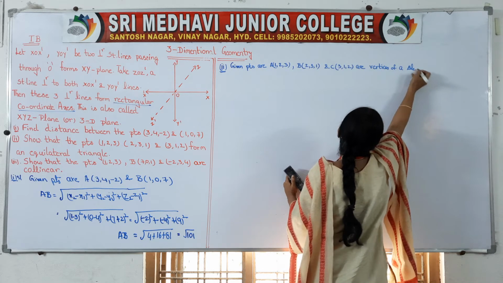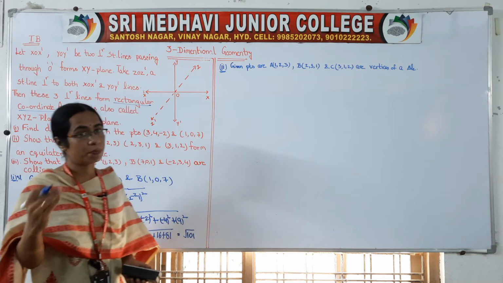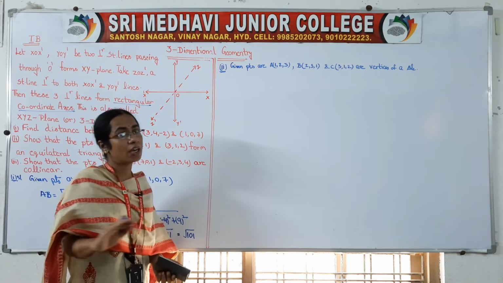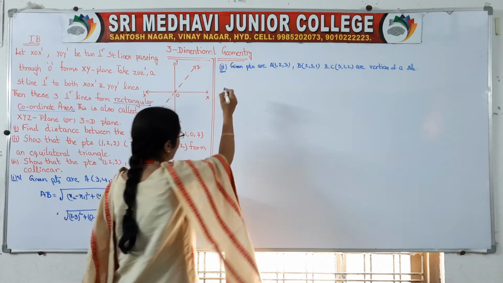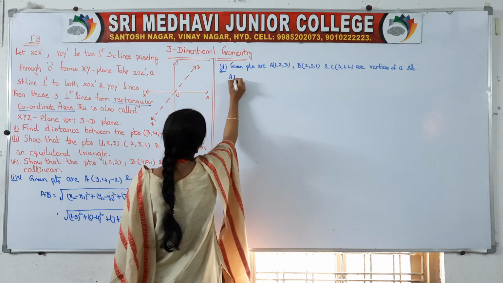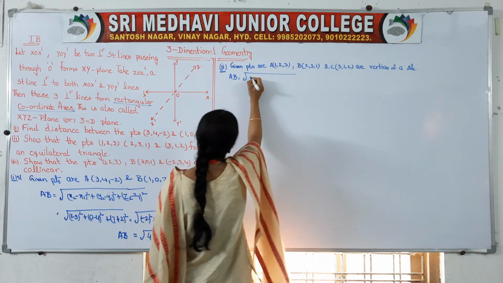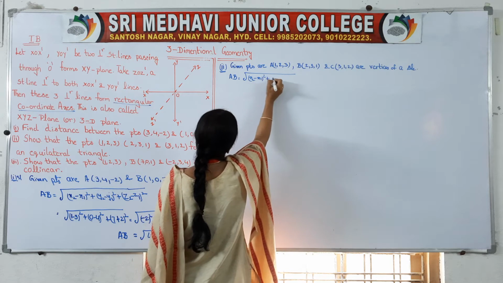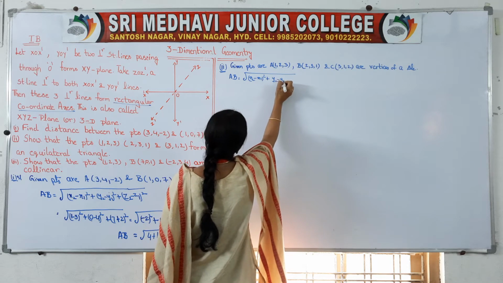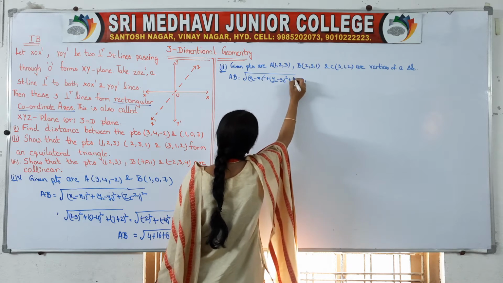Okay, so first you find out the side AB, then BC, then CA. If all three are equal, we can say that it is an equilateral triangle. So you take your AB. What is the formula? AB is equal to root of (x2 minus x1) whole square plus (y2 minus y1) whole square plus (z2 minus z1) whole square.